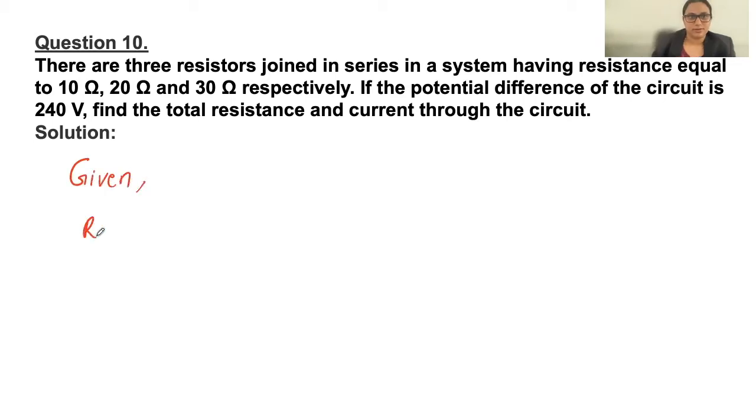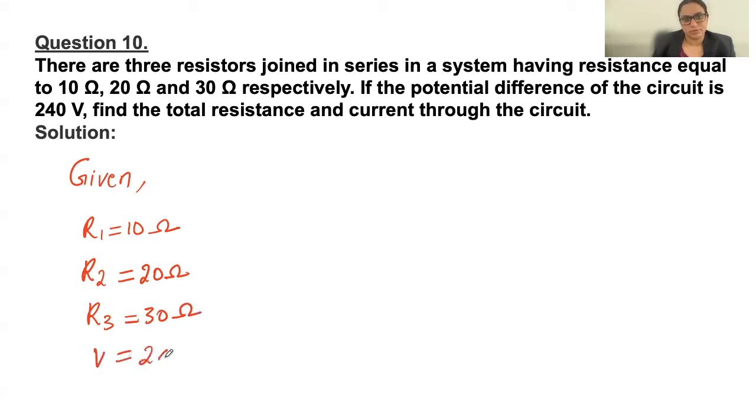Given resistance values are given, R1 is equal to 10 ohm, R2 is equal to 20 ohm, R3 is equal to 30 ohm, and the voltage is equal to 240 volt. What we need to find out? We need to find out the total resistance and the current through the circuit.